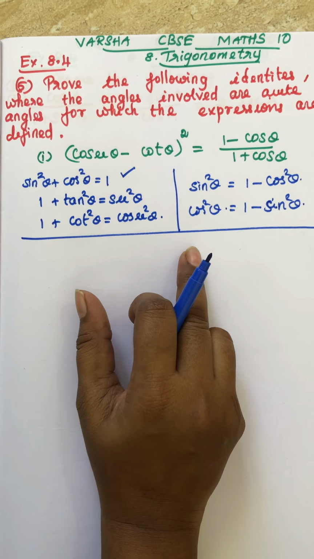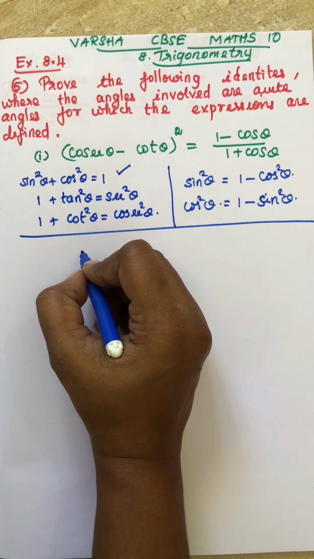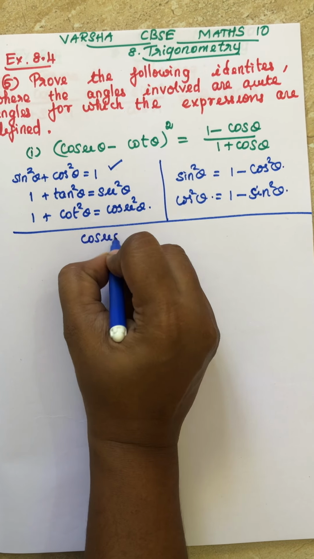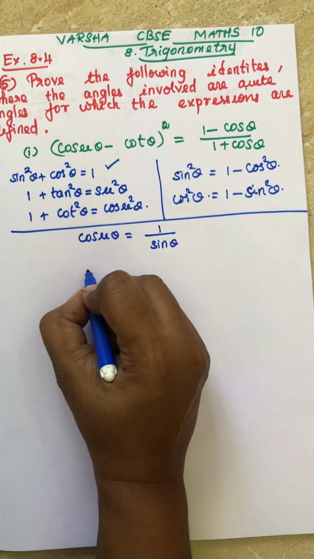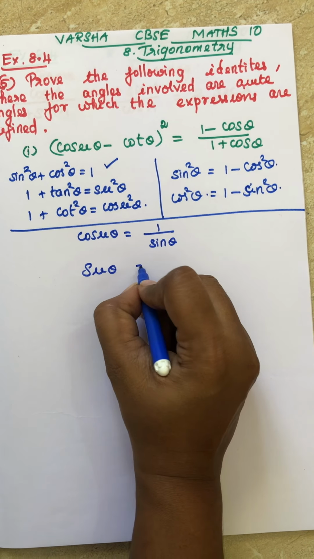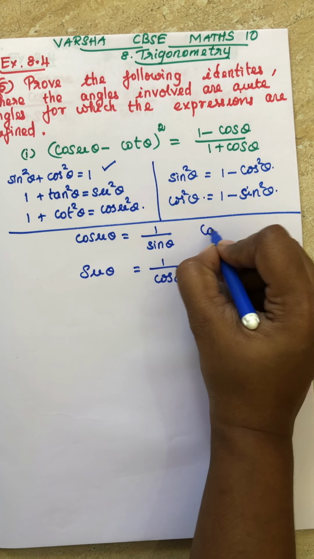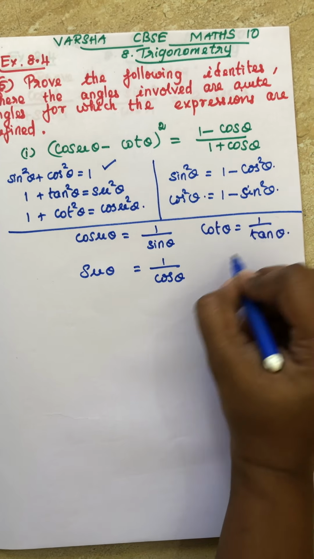So what are the reciprocals? You have to recall the reciprocals every time, so that is important. First one is cosecant, the reciprocal of sine. The next one, secant, that is 1 by cos. Then cot is equal to 1 by tan.